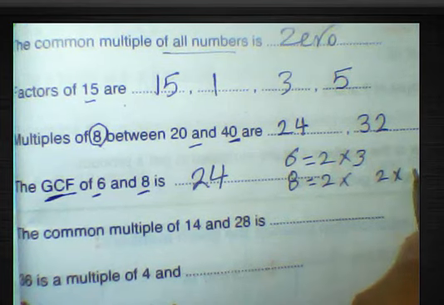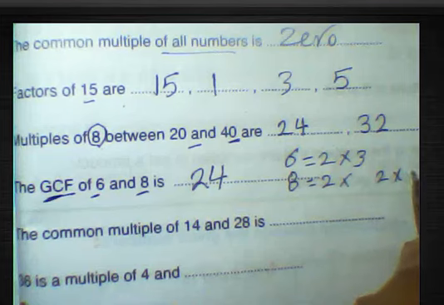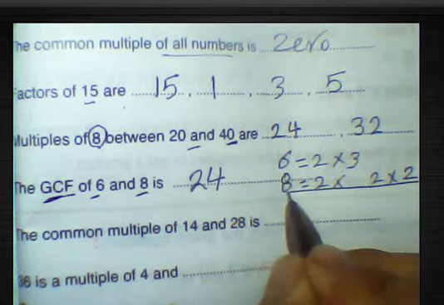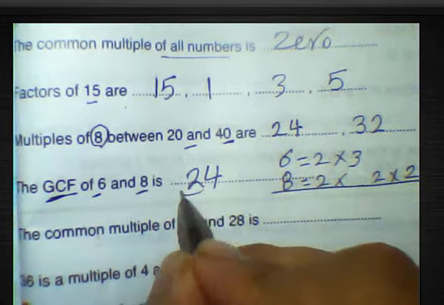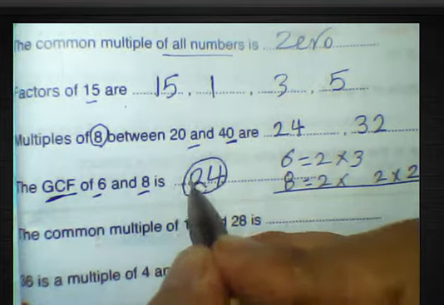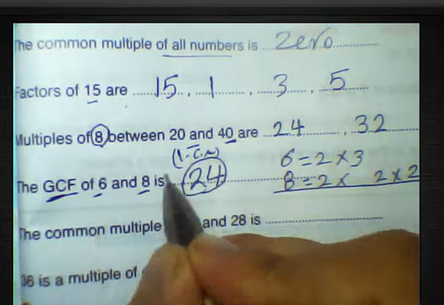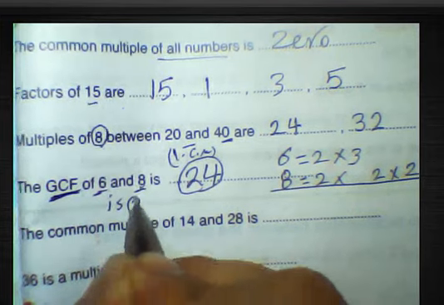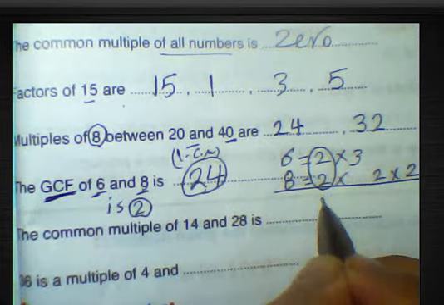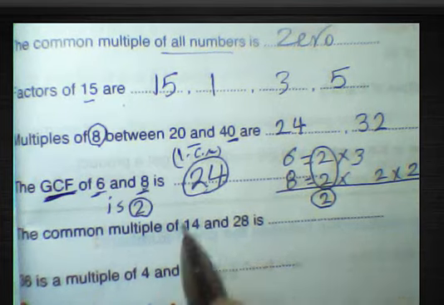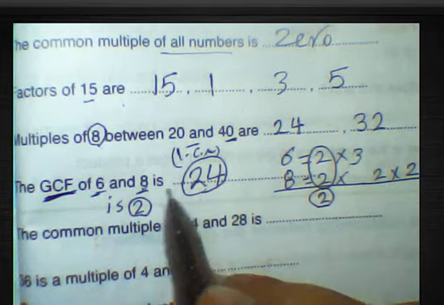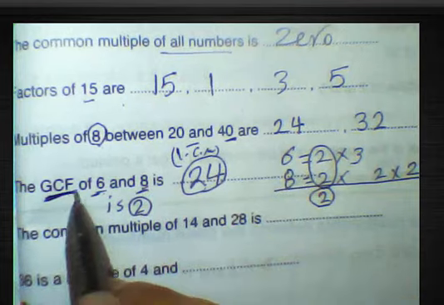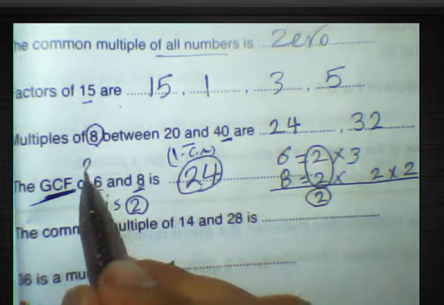Okay. I write here that 24 is the least common multiple, but he wants to find the greatest common factor of 6 and 8, which is 2. The greatest common factor between them is 2, but the least common multiple of 6 and 8 is 24. So the greatest common factor will be 2.